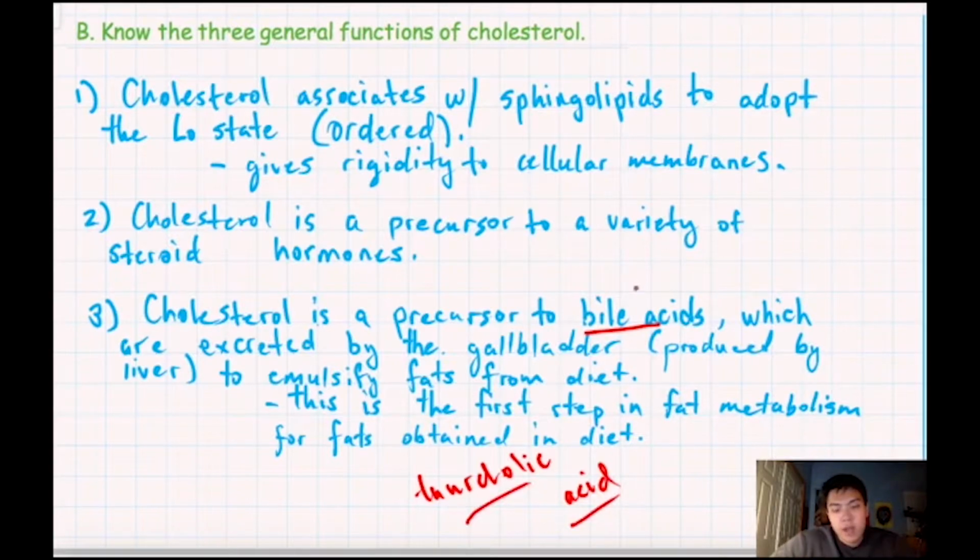Essentially, this guy is going to act like a detergent and form little micelles with the fat that you just ingested, which is an important step in absorbing the fat into your body. We talked about this in Unit 2. So once I make the Unit 2 review, you could check that video out and tie these concepts together.